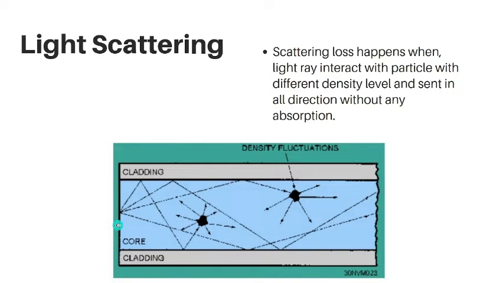As we can see in this picture, we are transmitting our data in the core part, and because of particles, which can be any metal particle or iron particle having a density different than the core, our light rays collide with them and get scattered from the original path.